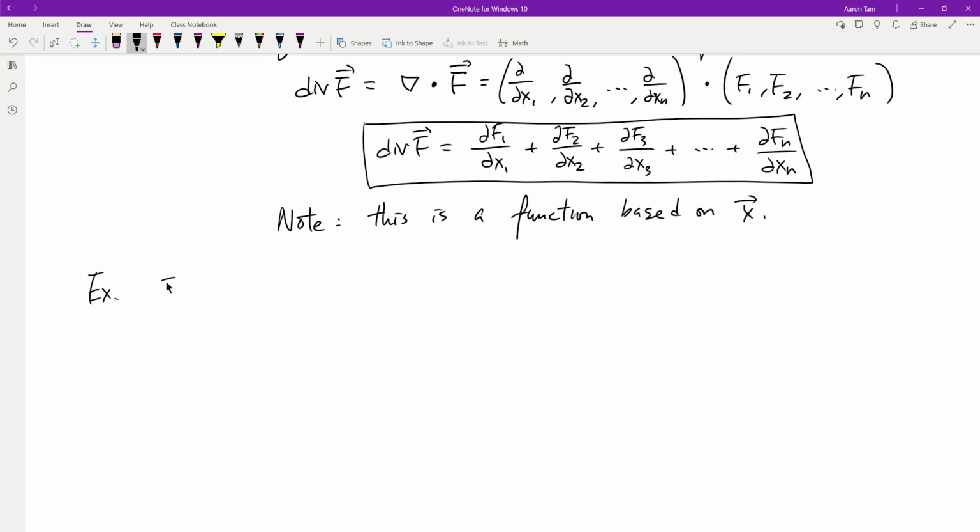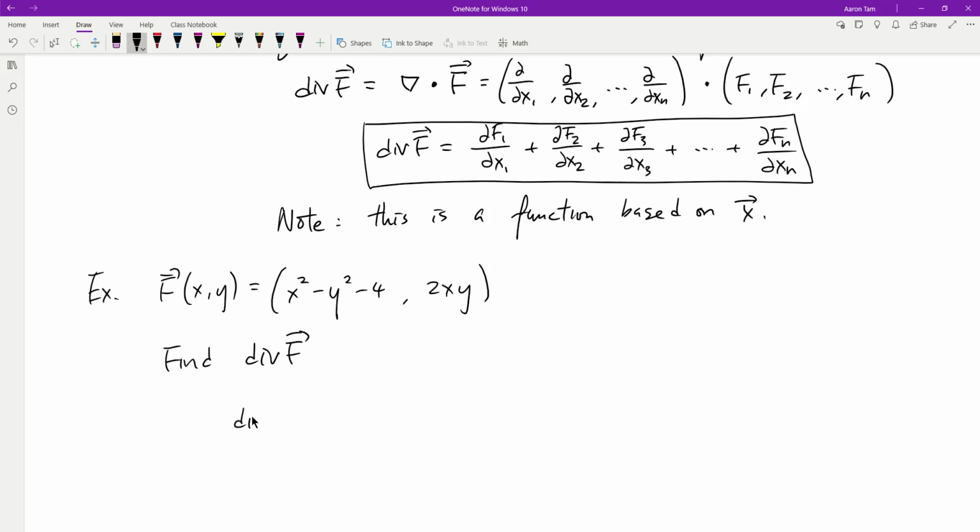So let's say we let vector F of x, y equal x squared minus y squared minus 4, 2xy. How about we find the divergence of F. Remember, this would actually give us a function. So how do we go about doing that?